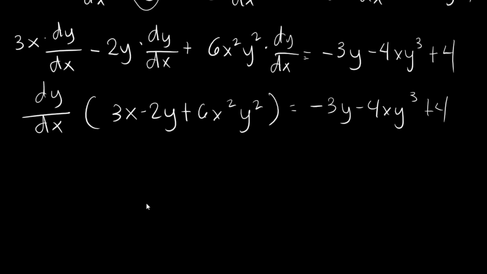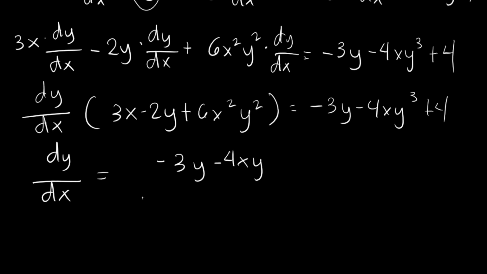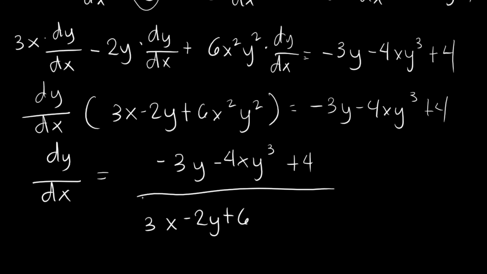Okay? Then, dy over dx, divide mo sila both sides. Yan. Negative 3y minus 4xy cube plus 4 all over 3x minus 2y plus 6x squared y squared.